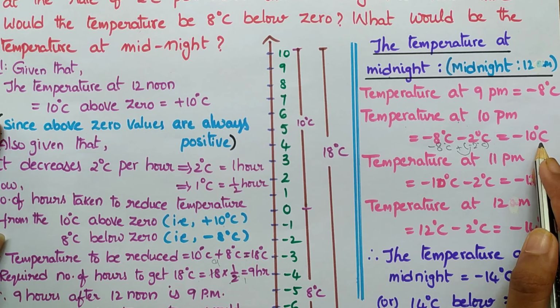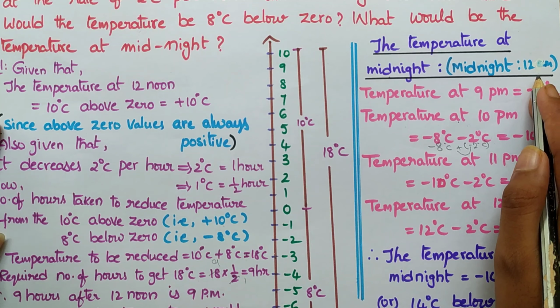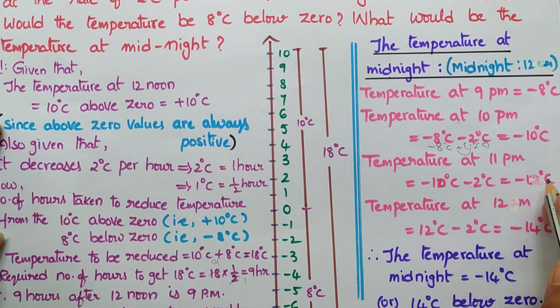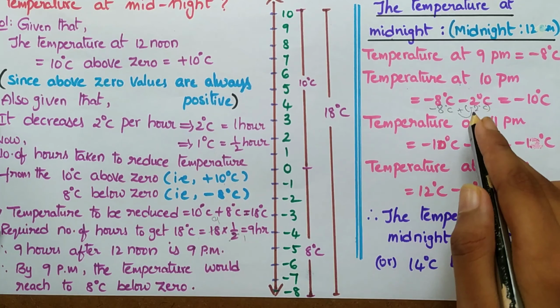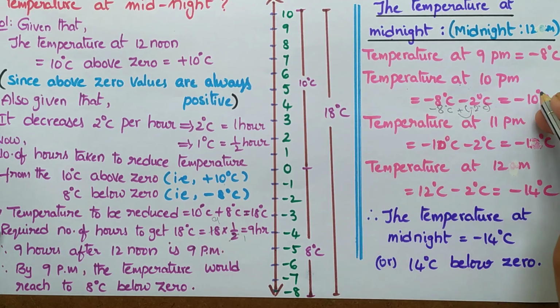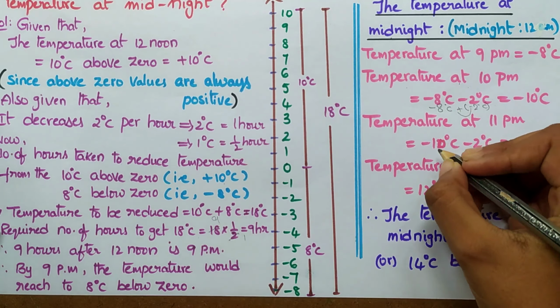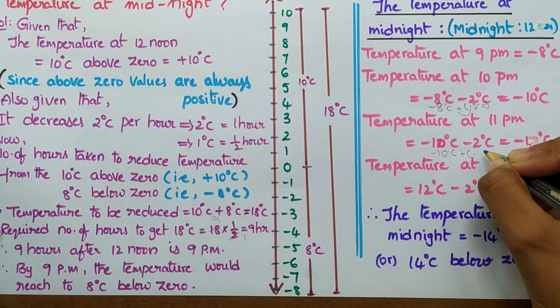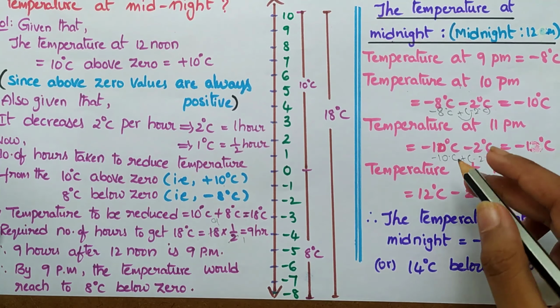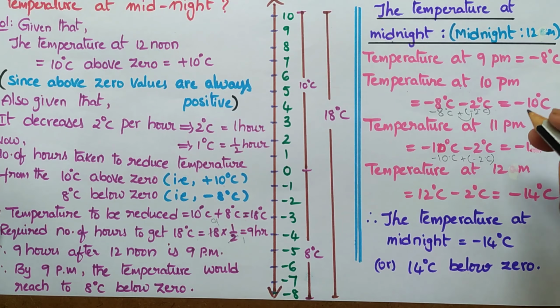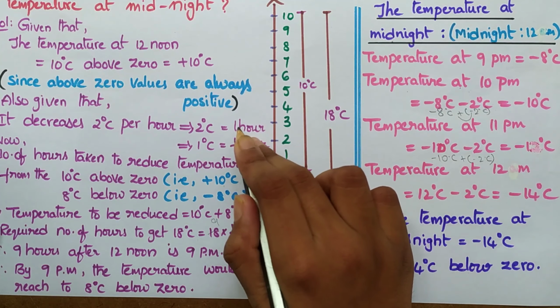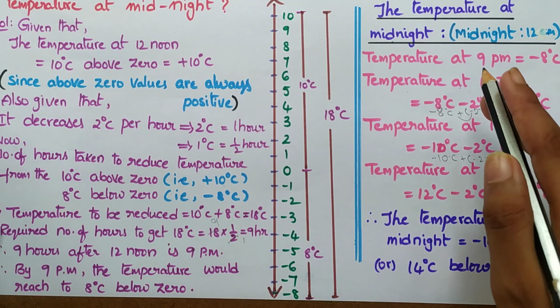What is our target? We should find the temperature at midnight, that is 12 a.m. We have found it at 10 p.m. Now let us see 11 p.m. The temperature at 11 p.m. is minus 10 degrees Celsius plus of minus 2 degrees Celsius. Minus 10 is the temperature at 10 p.m. and minus 2 is the decrease per 1 hour, since we have taken 10 and 11.